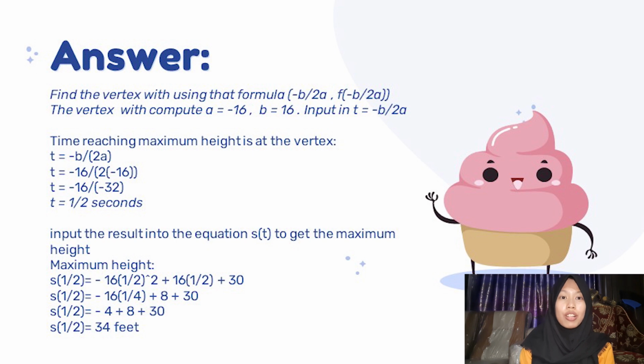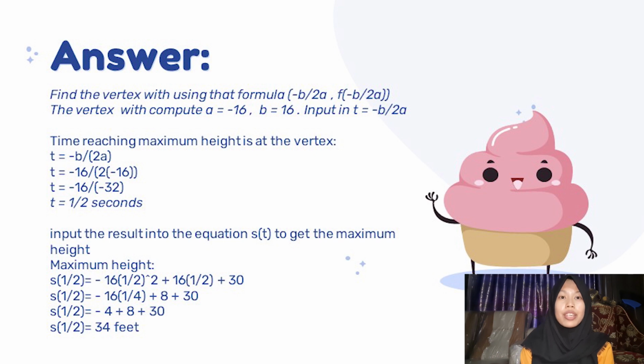First, in order to find the time at which the stone reaches the maximum height, we determine the type of the equation. Since the equation is a parabola equation, we can find the vertex using the formula -b over 2a, with a is -16, b is 16.